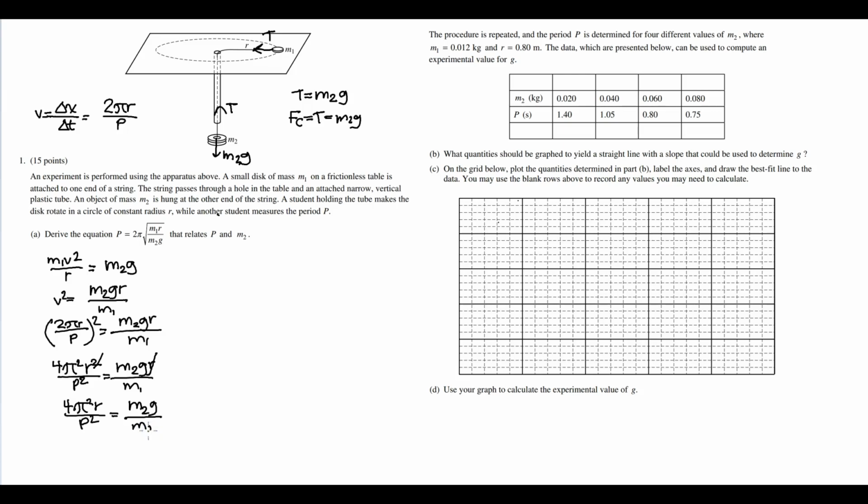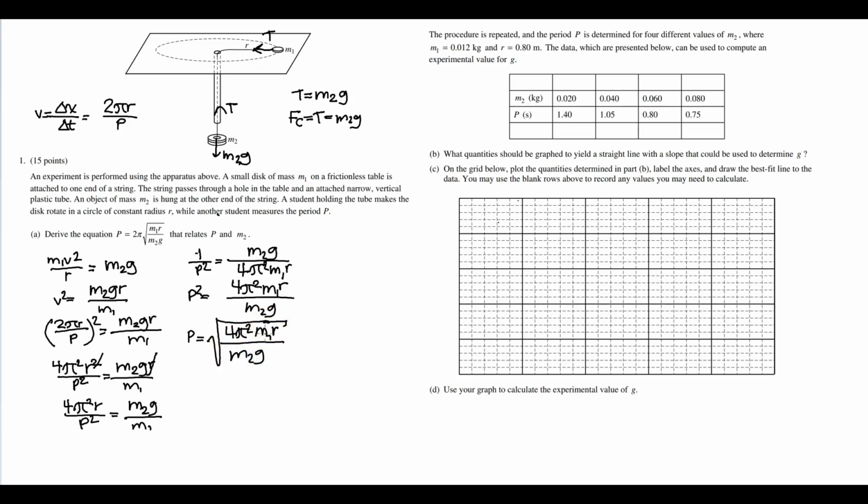You could divide by 4 pi squared R, so you get 1 over P squared equals M2G over 4 pi squared M1R. Now you could take the reciprocal of both sides, so you get P squared equals 4 pi squared M1R over M2G. Take the square root, and you're left with P equals the square root of 4 pi squared M1R over M2G.